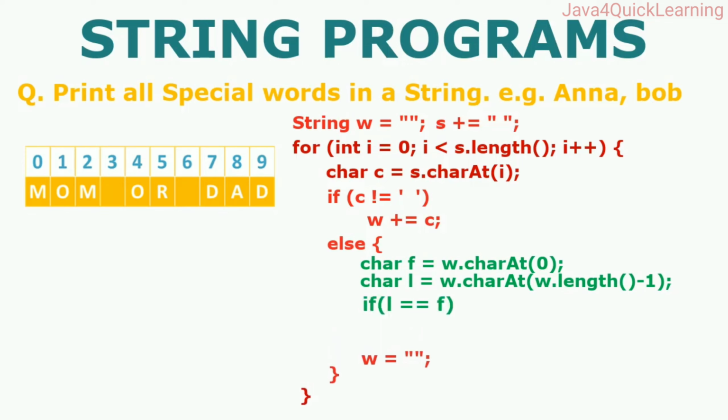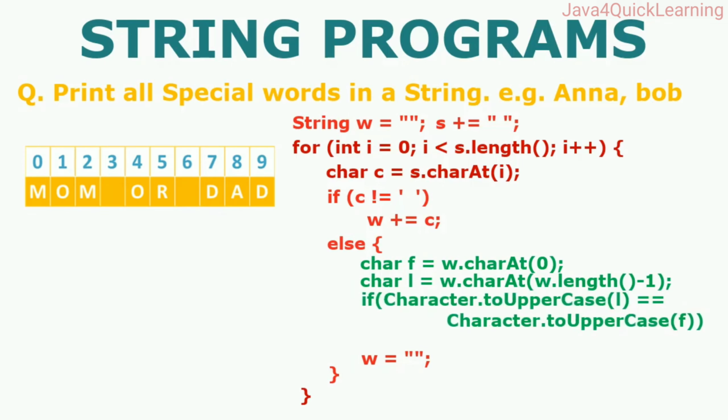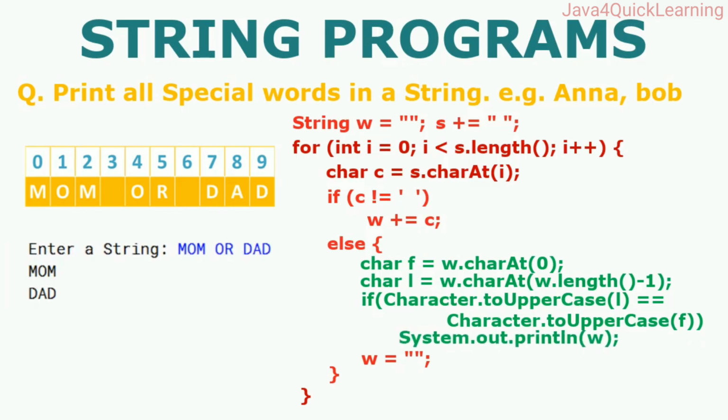We will then compare if both are the same. Since there could be differences in case, you can convert the string itself or the characters here to uppercase. If they match, we print the word.